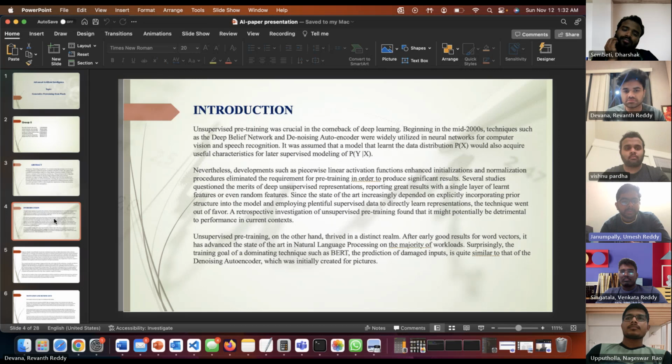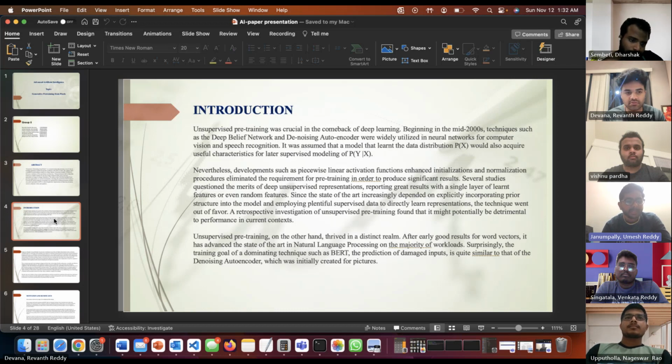On the other hand, after early good results, it has advanced the state of the art in natural language processing on the majority of workloads. Surprisingly, the training goal of a denoising technique such as BERT, the prediction of corrupted inputs, is quite similar to that of the denoising autoencoder, which was initially created for pictures.